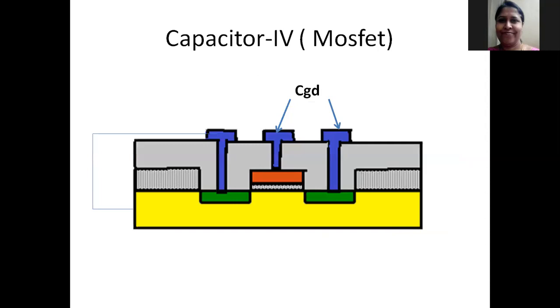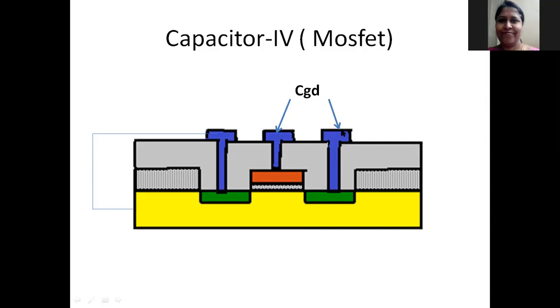In this type, we see a MOSFET being used as a capacitor. Here we have the source, drain, gate structure, and SiO2 between the gate and the substrate region. Whenever a MOSFET is connected by applying voltage to the gate terminal and positive potential to the drain terminal, we observe a capacitance between gate and drain.